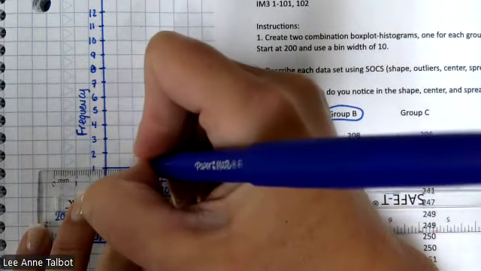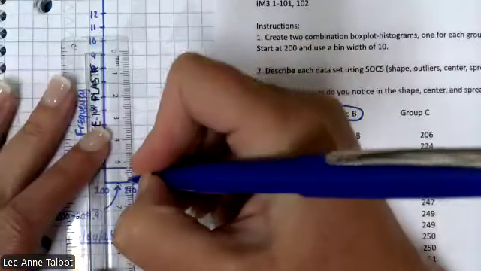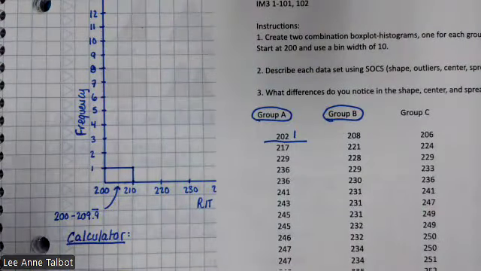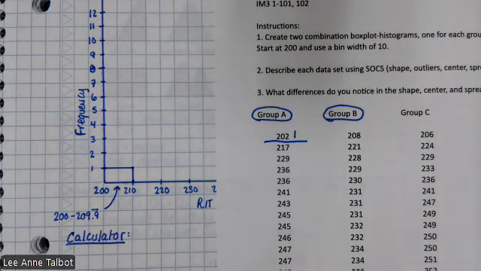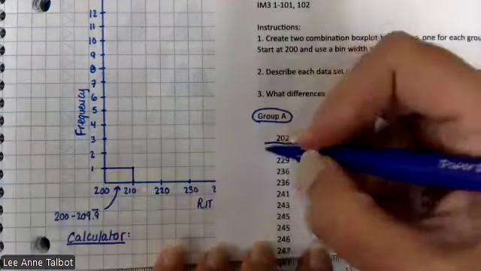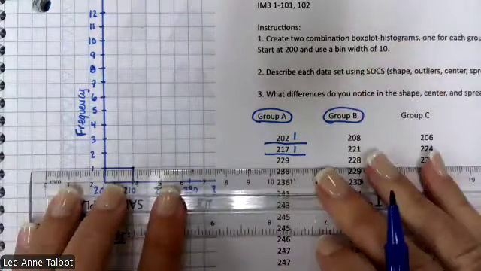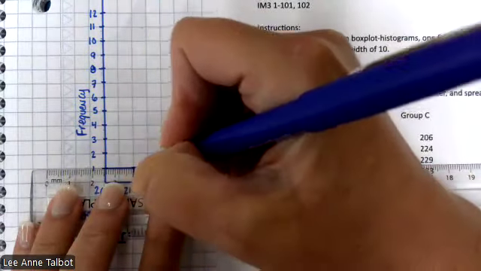And we're going to make our bin one tall. Okay, how many scores are in the 210s? One. Okay, so we're going to put a line here. One score in the 210s. Are you getting the hang of it? Yeah.